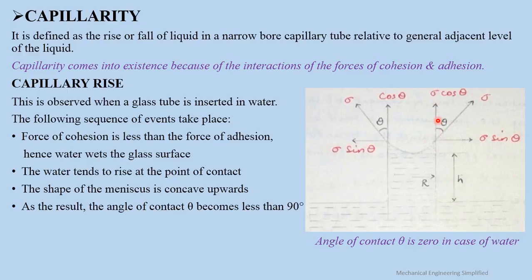Please make a note. It is measured from the upper side, and this is the surface tension force acting along this direction, making an angle theta with the vertical from the upper side. That is known as the angle of contact, and as a result the angle of contact becomes less than 90 degrees. This is the case of capillary rise observed when a glass tube is inserted in water, and ideally the angle of contact theta is 0 in case of water.